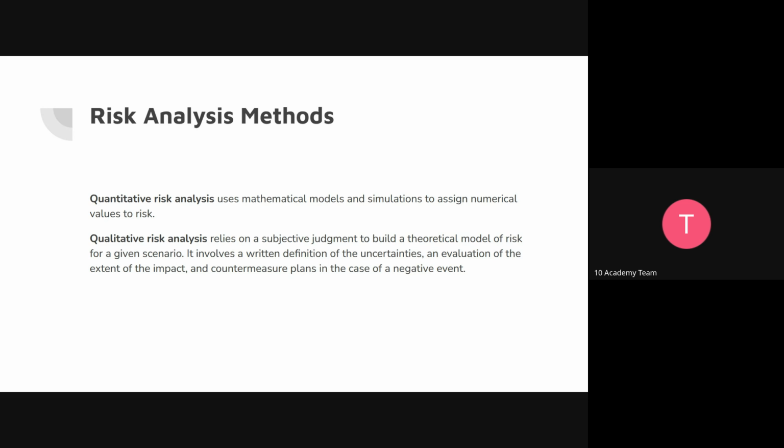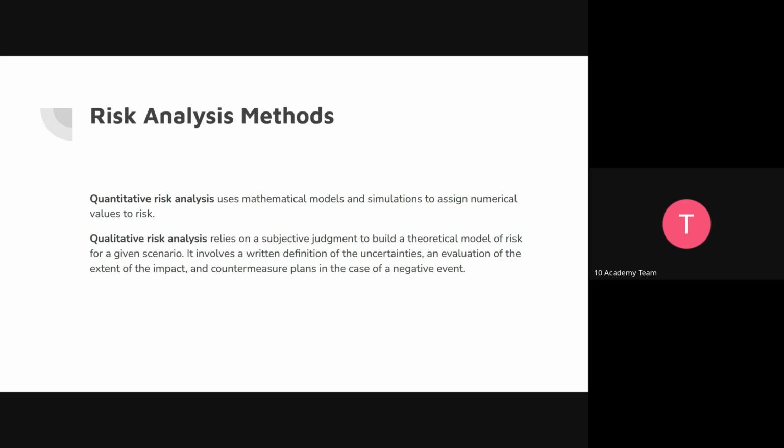Depending on the sector and what kind of risk you are considering, the risk analysis method will differ. But generally, you can divide them into two kinds of methods. One is quantitative risk analysis, and the other is qualitative.